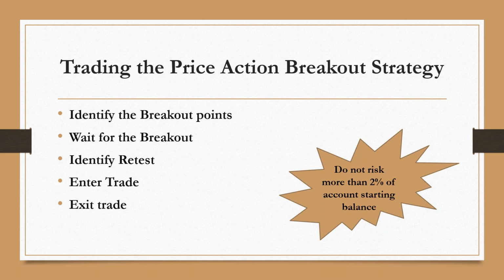Now, most times, I will actually set a stop loss so that it really prevents me from violating that rule, because as traders, it's not just important to understand when to get into a trade, but it's really important to understand when to get out.